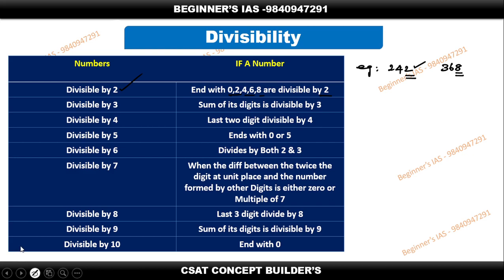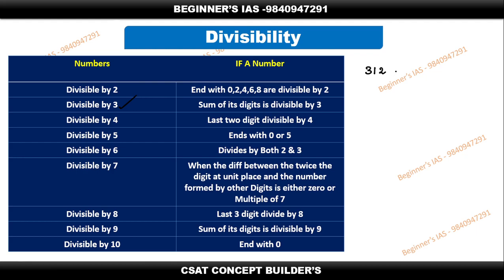Then we move on to divisibility by 6, which is also very important. Before 6, we will first see 3. Divisibility by 3 is very important. If the sum of its digits is divisible by 3, then the given number is divisible by 3. For example 312.